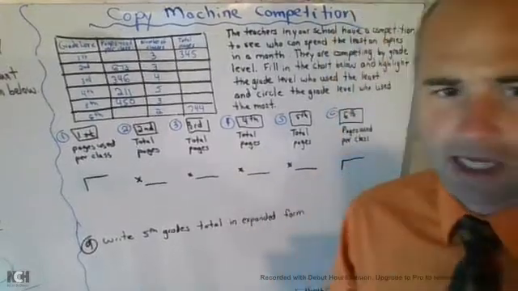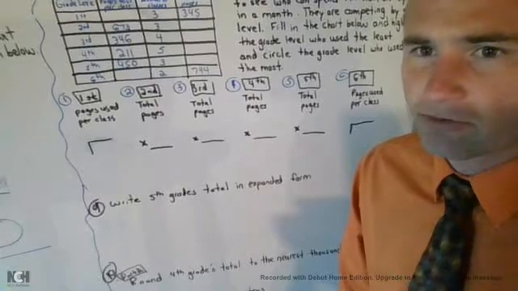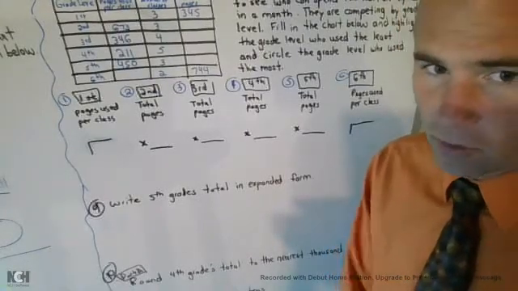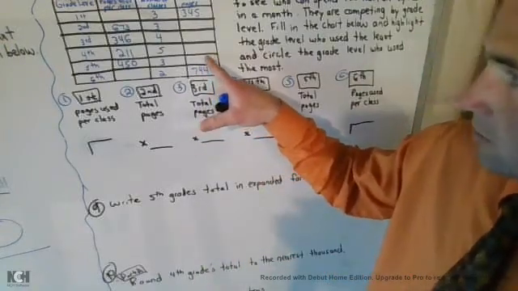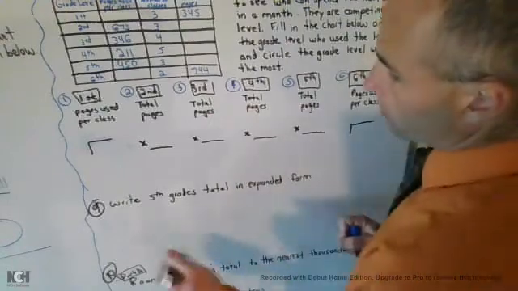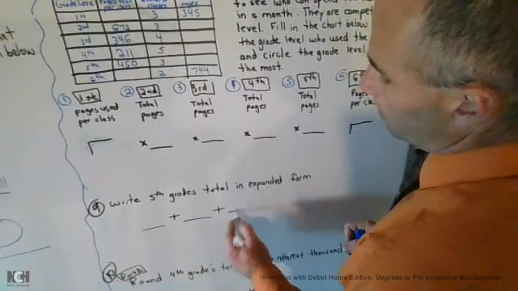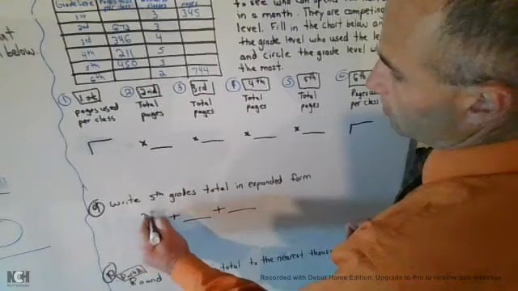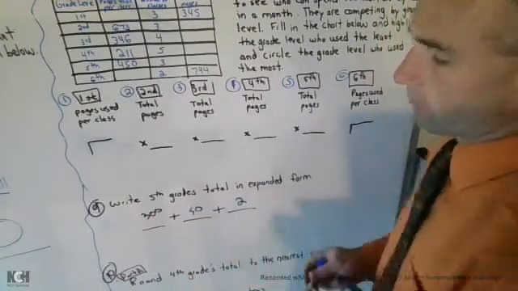So question 9 says write the 5th grade total in expanded form. The 5th grade total in expanded form. So you're going to take whatever you get here as your answer, okay, and write it in expanded form. You know that where you do something plus something plus something if you're dealing with a 3-digit number, like 300 plus 50 plus 2 would give you 352.